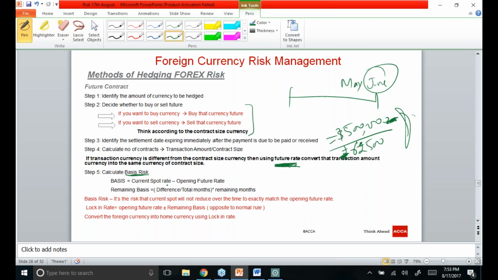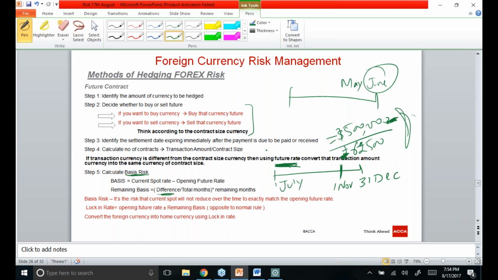The difference between the current spot rate and the opening future rate is called the basis. Let's suppose today is 1st July, and the future rate is of 31st December, and you are going to receive the amount on 1st November.